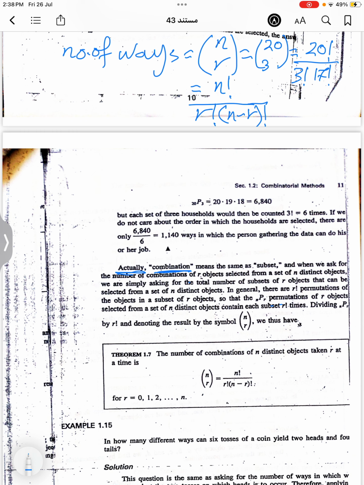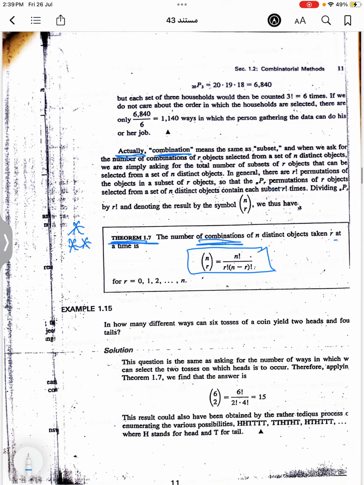This is why we put this in theorem 1.7. The number of combinations of n distinct objects taken R at a time is n over R, n factorial over R factorial times n minus R factorial, where R cannot be greater than n: 0, 1, 2, up to n. This is important.